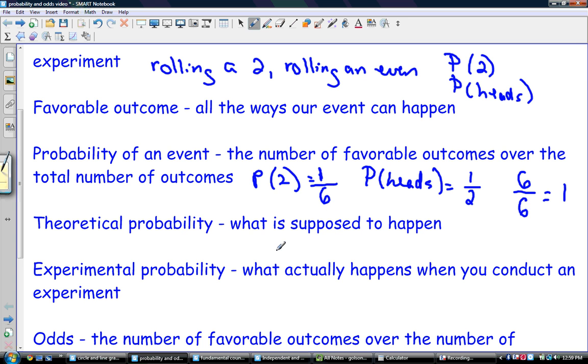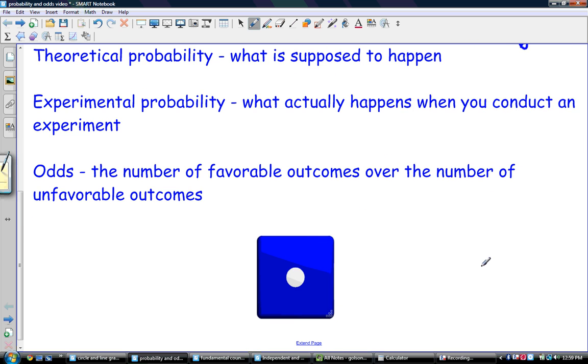And so that is what we call the experimental probability. That's what actually happens when you conduct an experiment. So let's say I roll this die 6 times. Okay? First time, I get a 2.